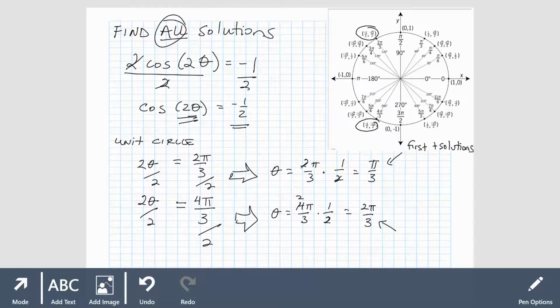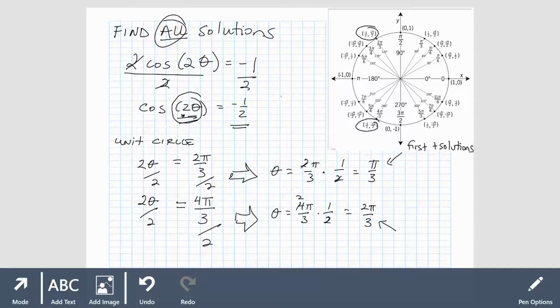Keep in mind that because of the periodicity of the unit circle, we're going to continue to get values the more we go around and around the circle. However, because the value inside here has a modifier, we have a modified period.